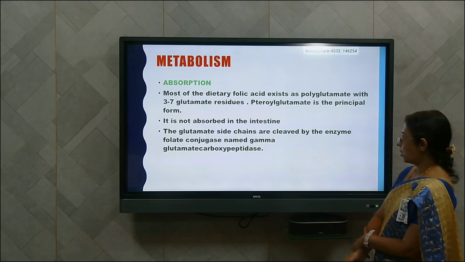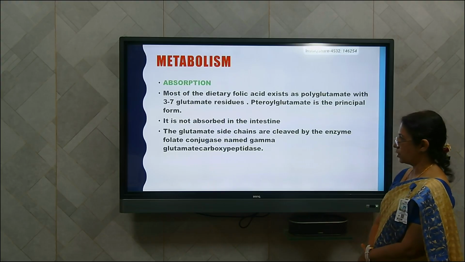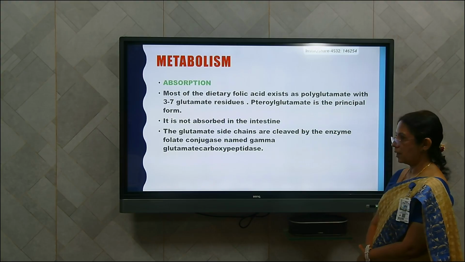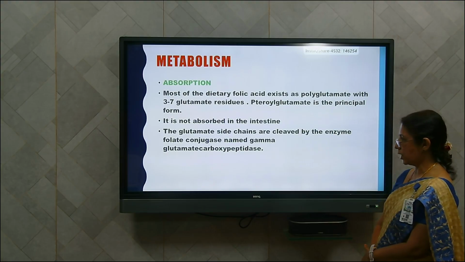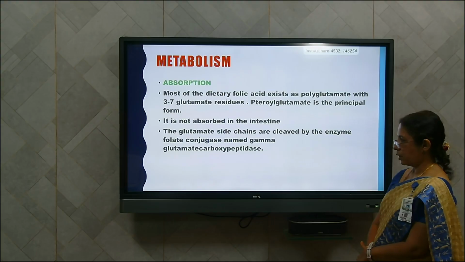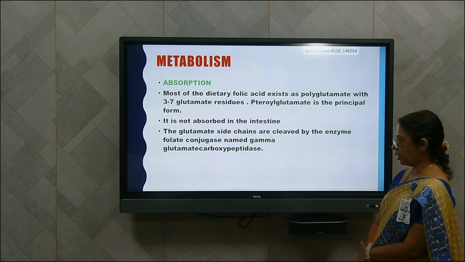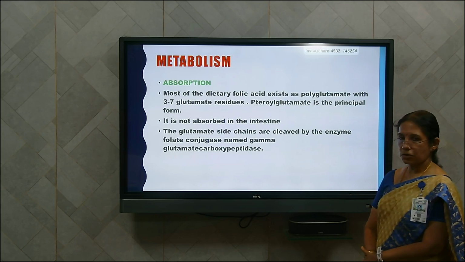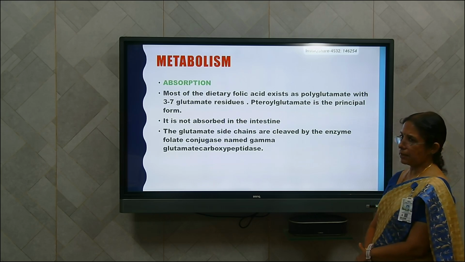So this pteroyl polyglutamate is the form in which it is present in the food, and it is not actually absorbed in the intestine. It requires conjugases for hydrolyzing it into a simple form. So we have a conjugase called gamma glutamate carboxypeptidase. This is actually a zinc dependent enzyme.